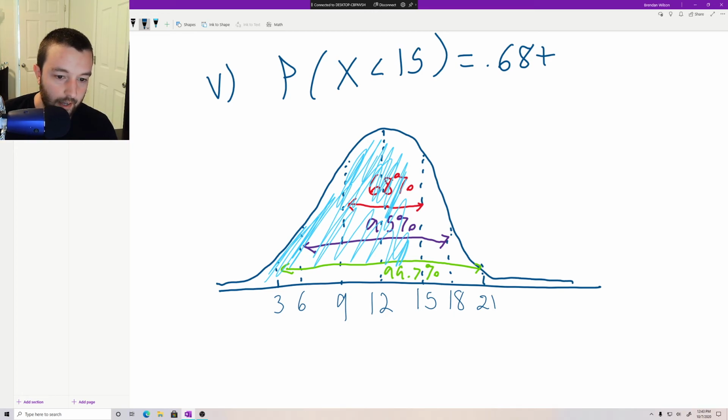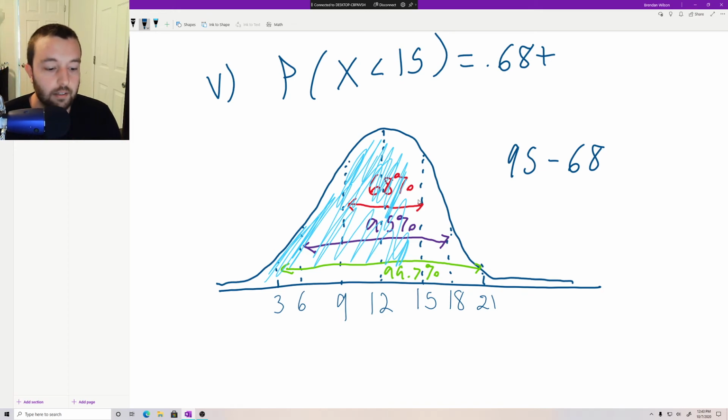Let's start at this region. Okay. So notice from here to here is 95%, and from here to here is 68%. So if we took the 95 and subtracted off the 68, we're going to get 27. Okay.